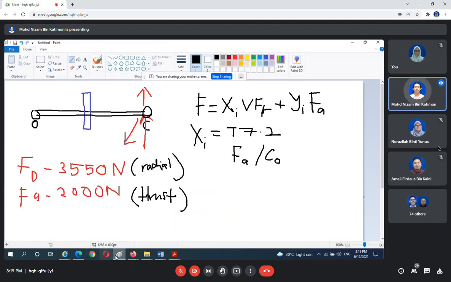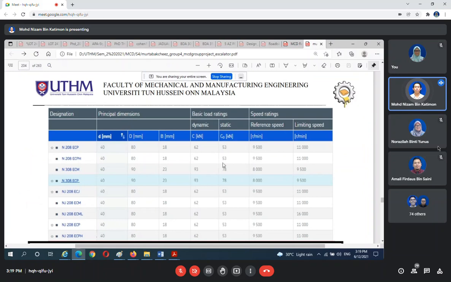As I told just now, if you refer to the catalog, Co is the basic load rating for the static, and C10 is the dynamic.